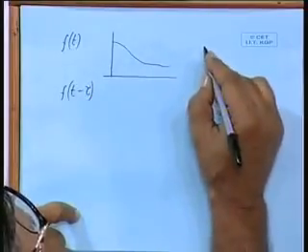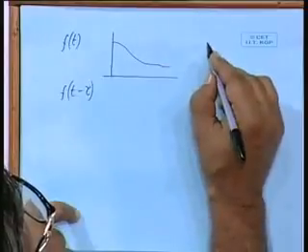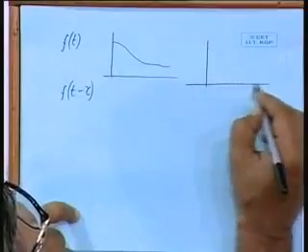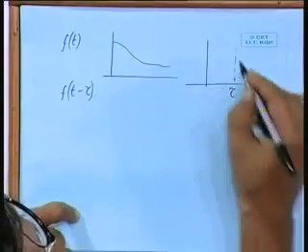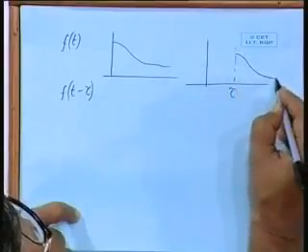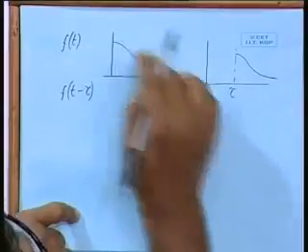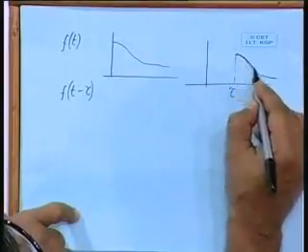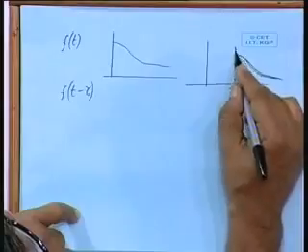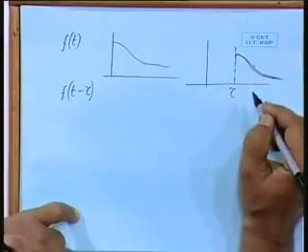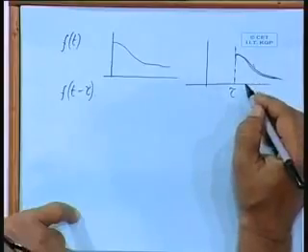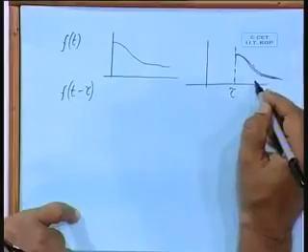If I want to represent the same function which is starting after an interval tau, if it is identical, then what will be the mathematical representation of this function? F t minus tau, does it represent this?